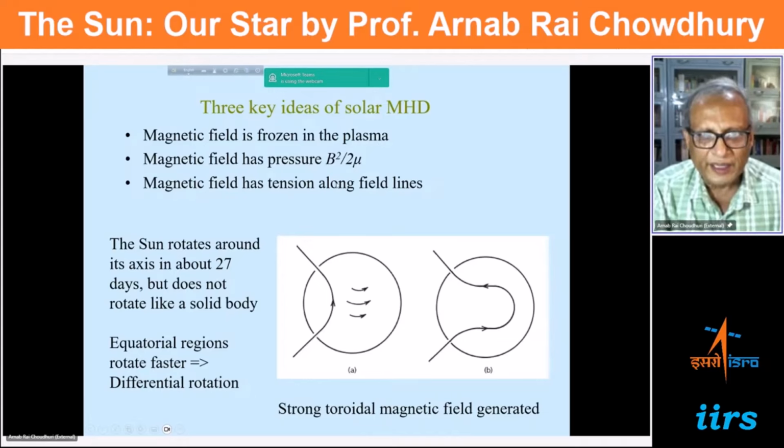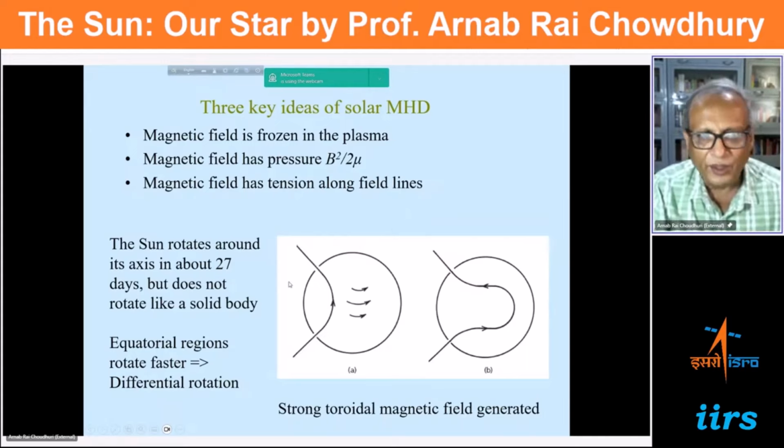The other two ideas are not unique to MHD, and you might have encountered them in your electromagnetic theory courses: a magnetic field has a pressure B squared over 2 mu, and a magnetic field has a tension along field lines, so that a magnetic field behaves like a stretched rubber band. Now I want to show how, by using these three key ideas, many aspects of sunspots can be explained.